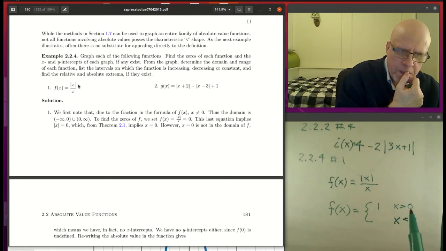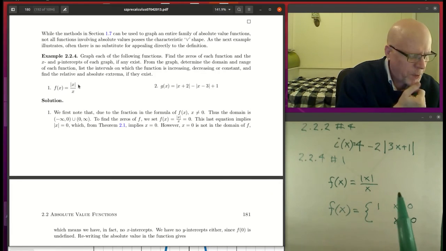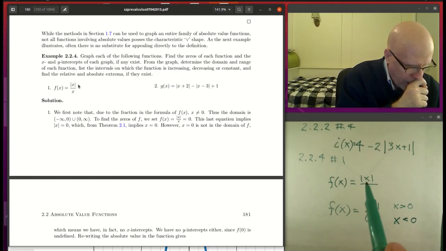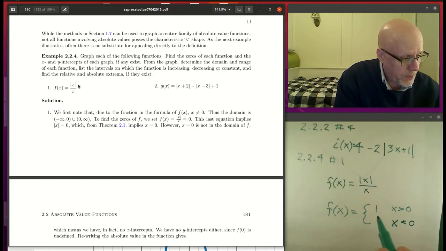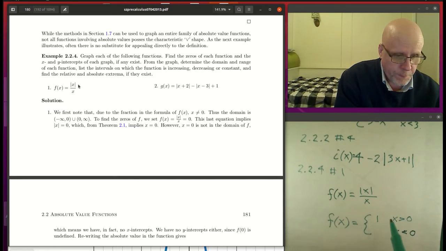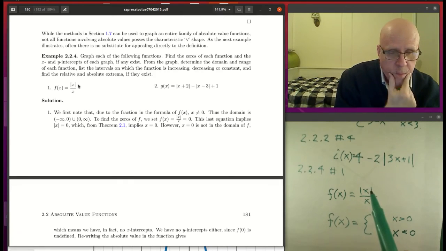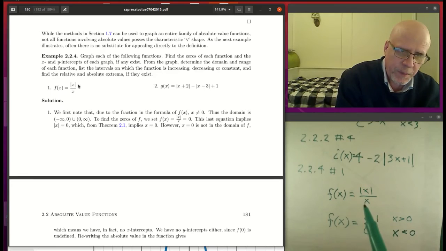I mean, it's still sort of 1, but not really, because if x is a negative number, which is the case we're dealing with, then the one in the bottom is negative, but the thing upstairs is the negative of that negative. It's positive. Notice we'll have a positive absolute value of x divided by x, which is a negative number. You still get 1, but with a minus sign.